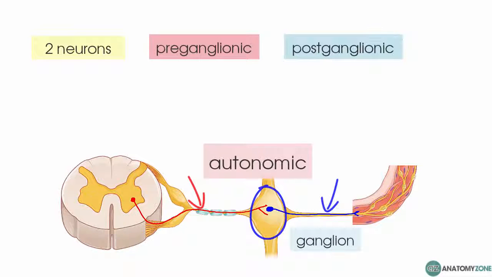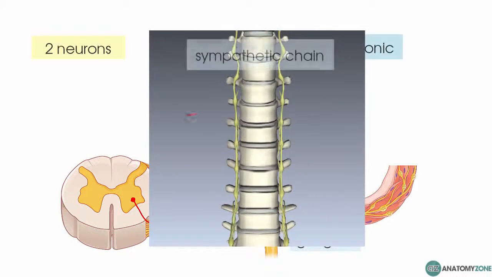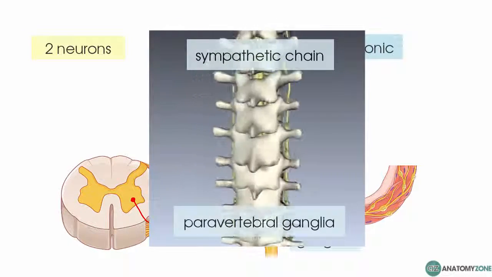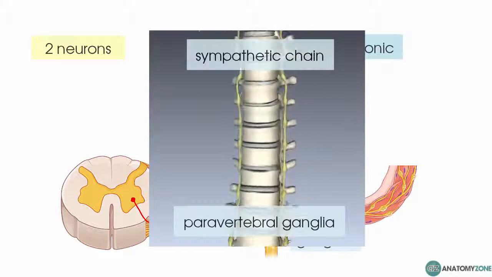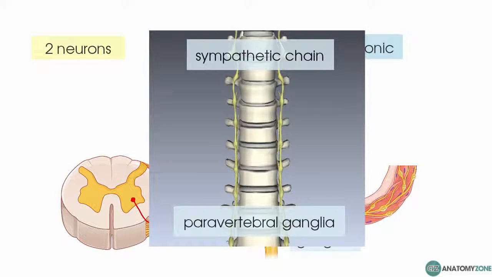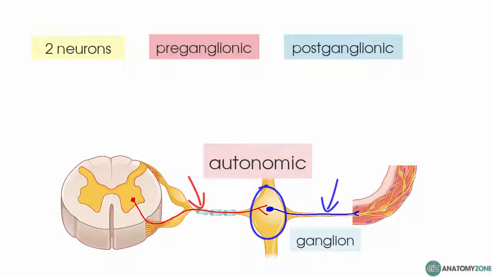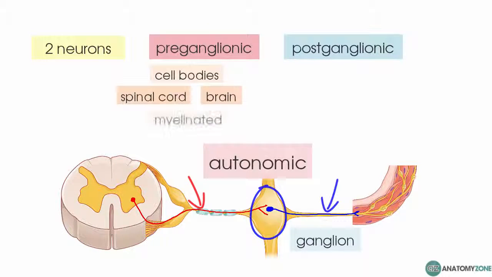So the location of this ganglion might be in the sympathetic chain, in the paravertebral ganglia, in the case of the sympathetic nervous system, or in the case of the parasympathetic nervous system, most ganglia are located either in or near to the target organs. So the cell bodies of the preganglionic neuron are located either in the spinal cord or in the brain, and the axons of these preganglionic neurons are myelinated, whereas the postganglionic neurons are not myelinated.